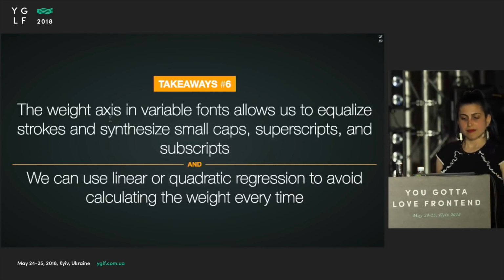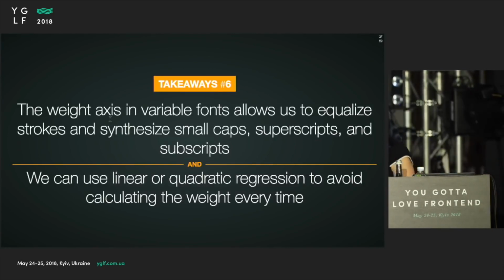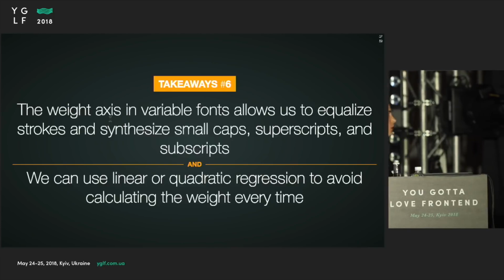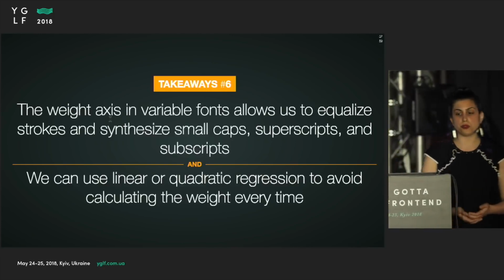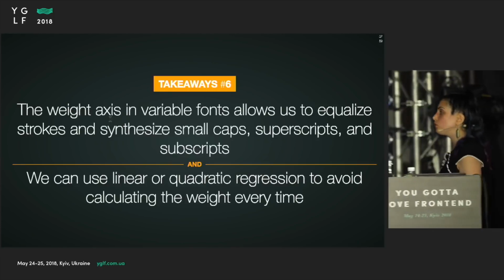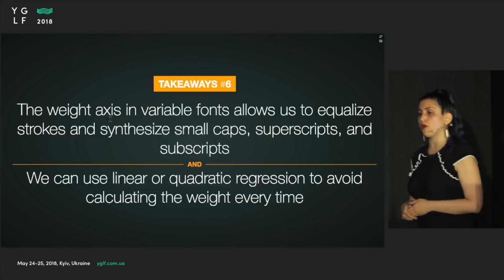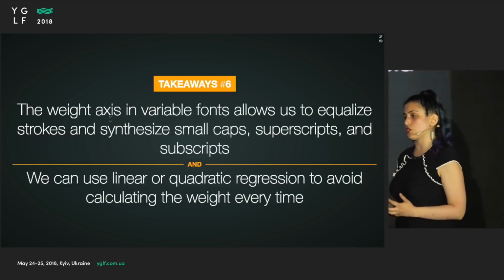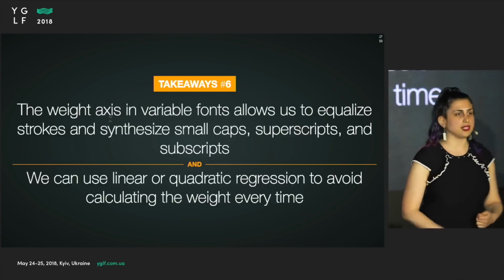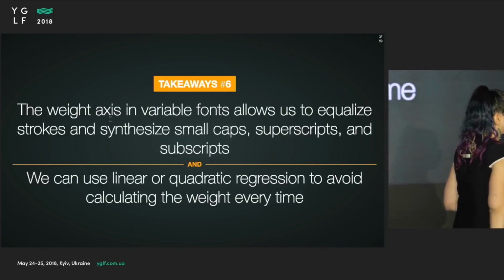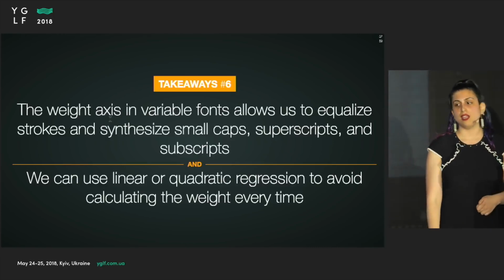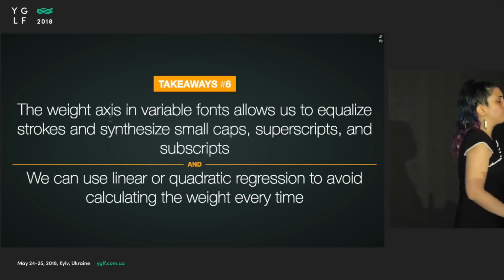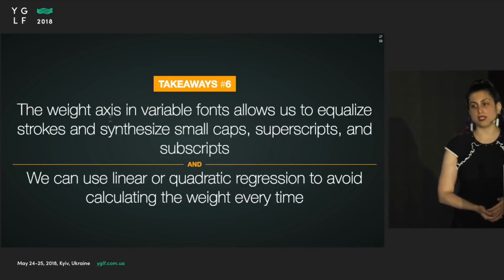So, the takeaway from this is that with variable fonts and making small adjustments to the font weight, we can do a ton of things that before variable fonts required special glyphs in the font and special faces in the font and all sorts of things from the font designer. Whereas right now, they don't have to put any extra effort in designing the font.